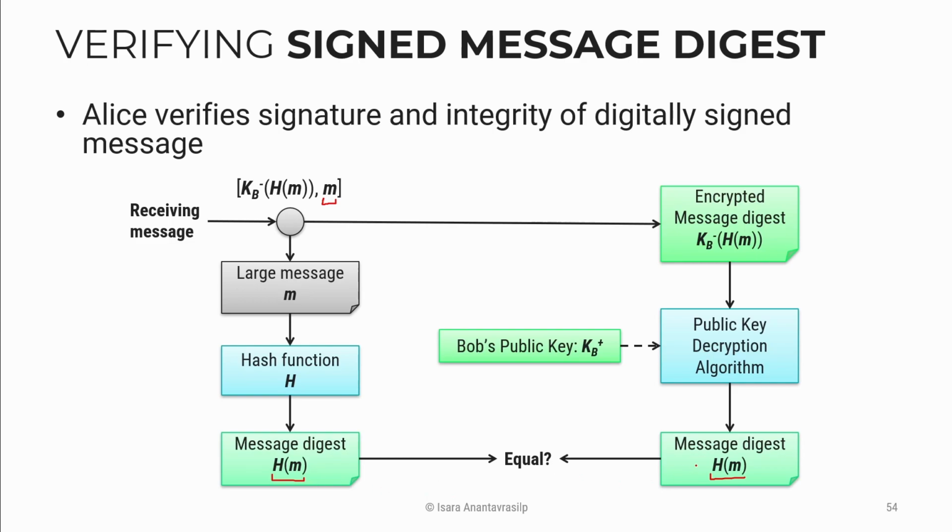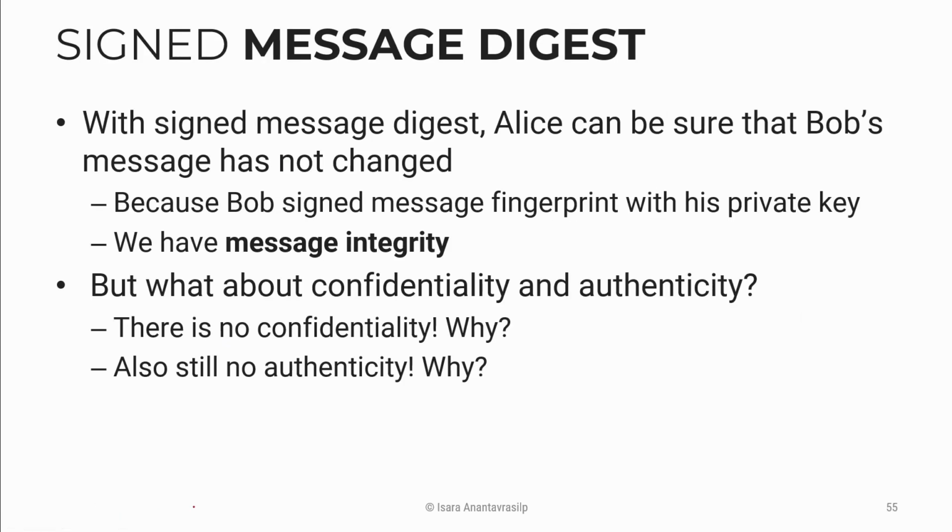If these two values are equal, it means that Bob is the one that created this pair with the signed message digest, using RSA or the encrypted hash value. Alice can be sure that Bob's message has not been changed, because Bob is the one that encrypted and signed the message. So we have message integrity.